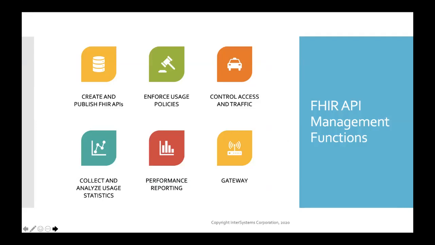We could control access to traffic. We could collect and analyze usage statistics of the server. We could do performance reporting. We could use it as a gateway, so we could actually use it to put multiple FHIR servers behind if we want to.